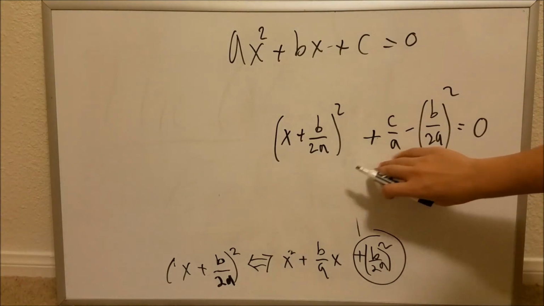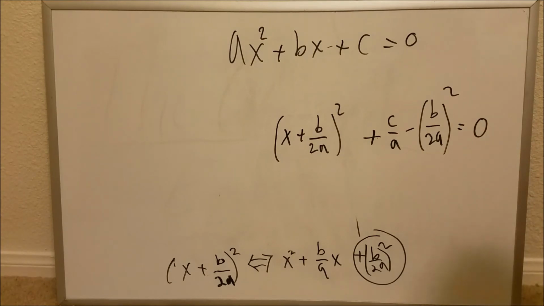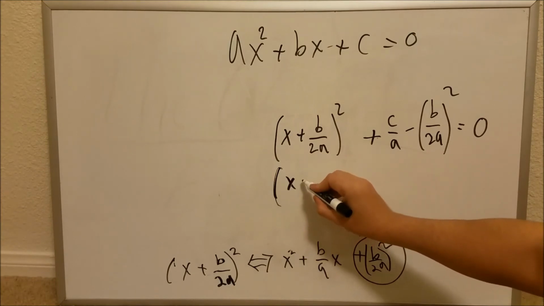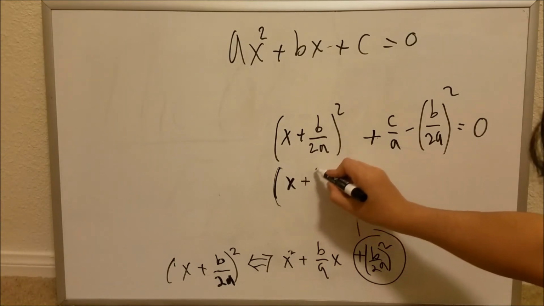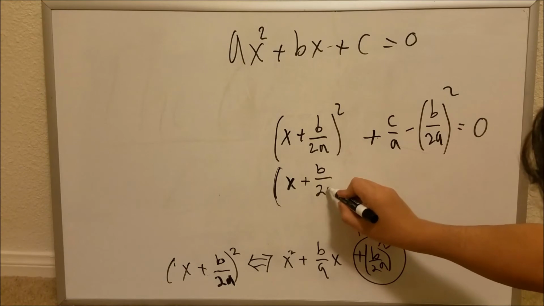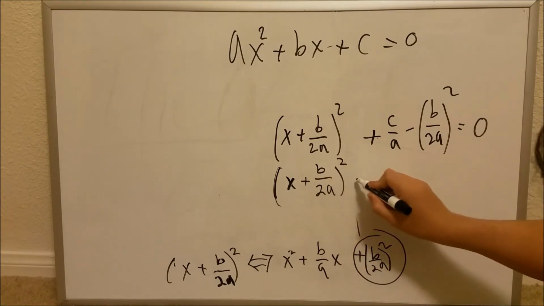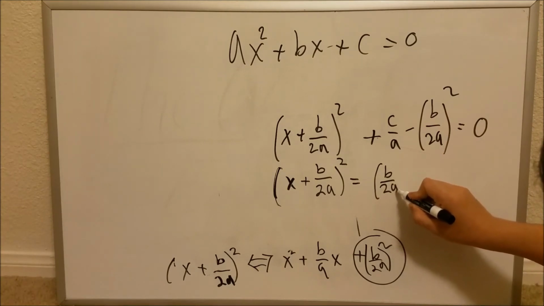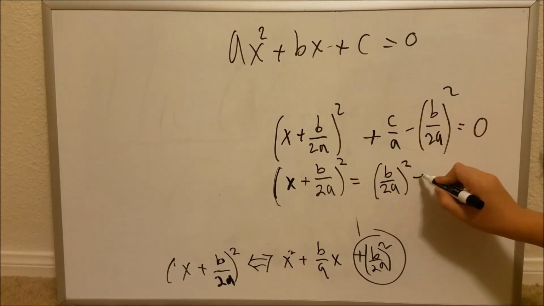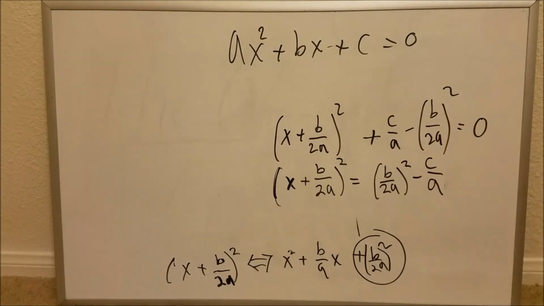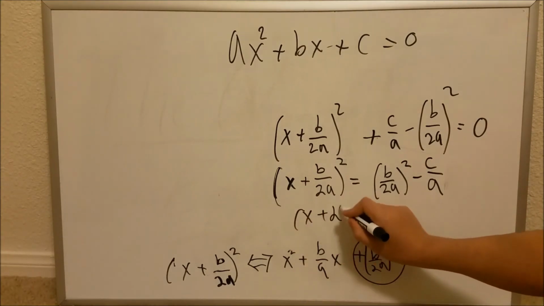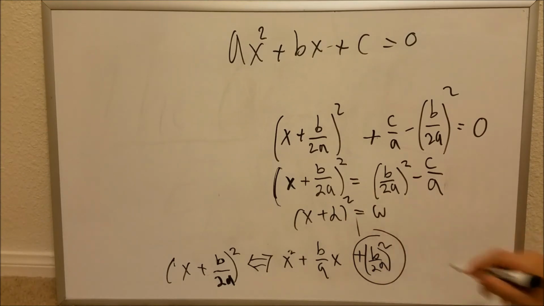Now let's move all of these constants to this side of the equation. Now if you remember from earlier, this is in the same form as x plus alpha squared equaling some constant. So we're doing well. We can now solve it relatively easily.